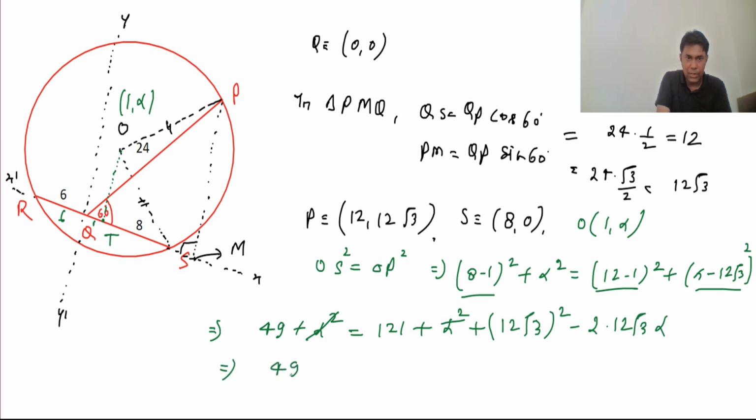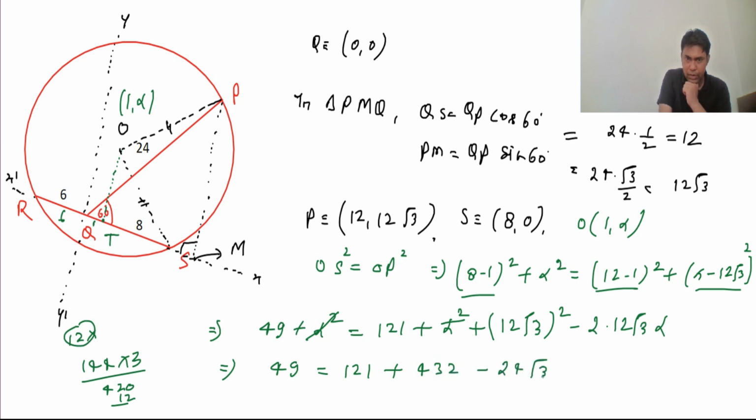Further, we will have 49 is equal to 121 plus 12 square multiplied by 3, that will become 144 multiplied by 3, which is 432, minus 24 square root of 3 alpha.